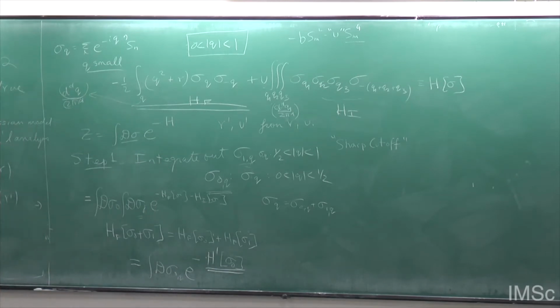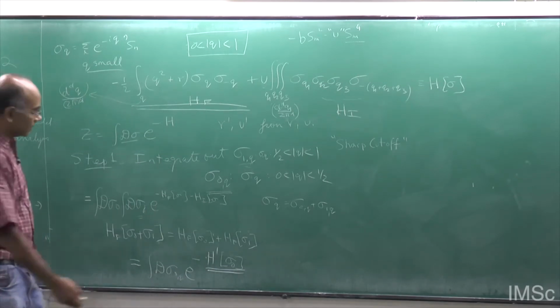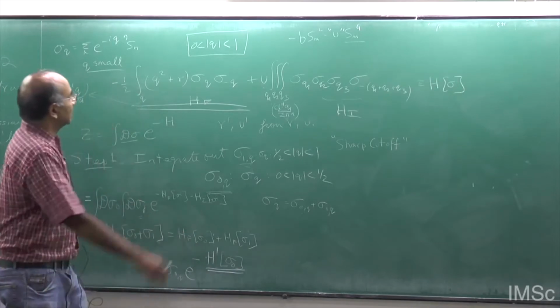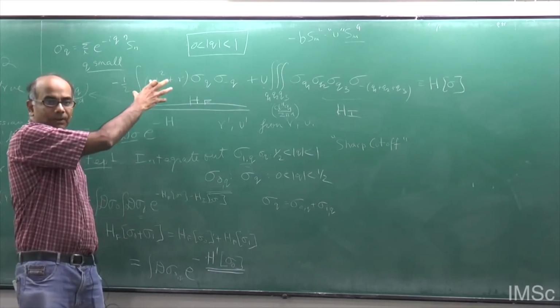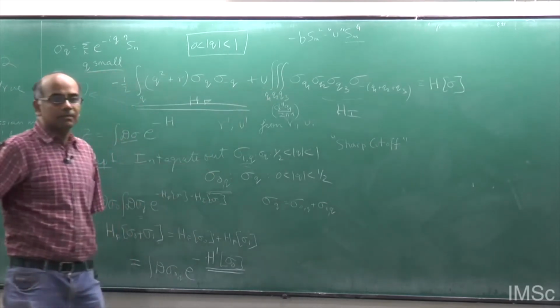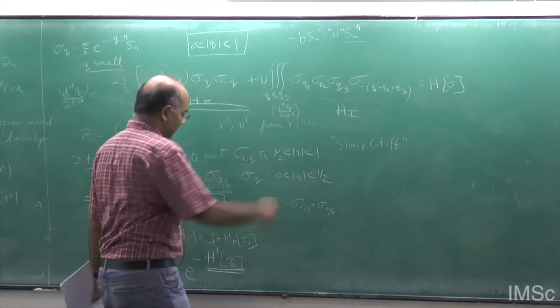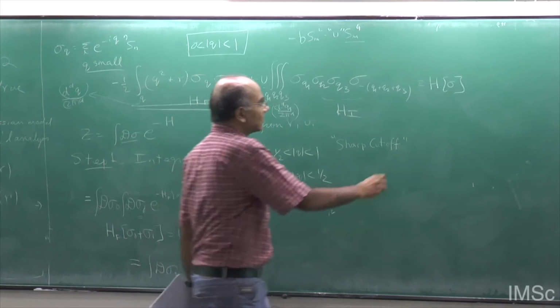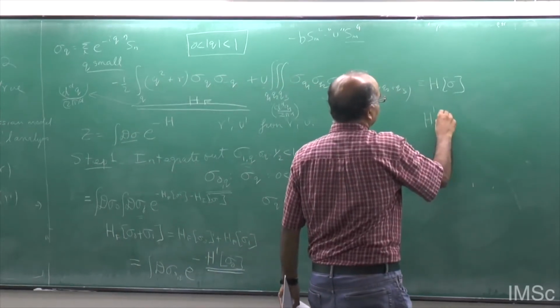Typically, this will start out with a term like we had for the Gaussian model, which will be just that. And then there'll be a modified quartic term. So what is H prime of sigma naught?